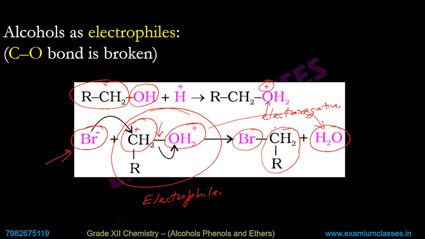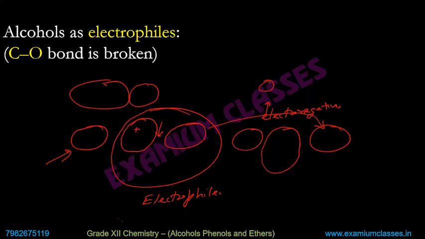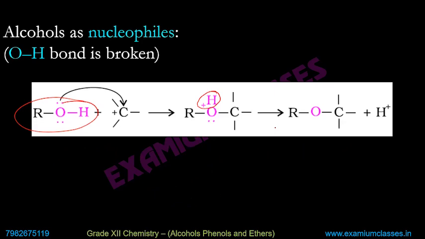You need to write and memorize these two mechanisms. In both cases, first it is addition. In this case, the whole alcohol gets attached to the positive carbon through oxygen. And in the next step, hydrogen gets detached. That's why this is OH bond cleavage.